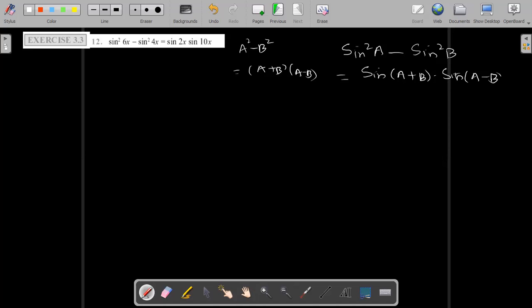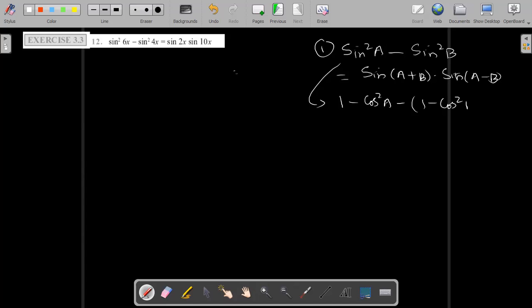And if you want to know about the cos formula, from this we can derive the formula for cos also. You convert sine into cos theta. So sine square theta plus cos square theta is equal to 1, sine square theta is equal to 1 minus cos square theta. So 1 minus cos square a minus 1 minus cos square b. This will become 1 minus cos square a minus 1 plus cos square b.